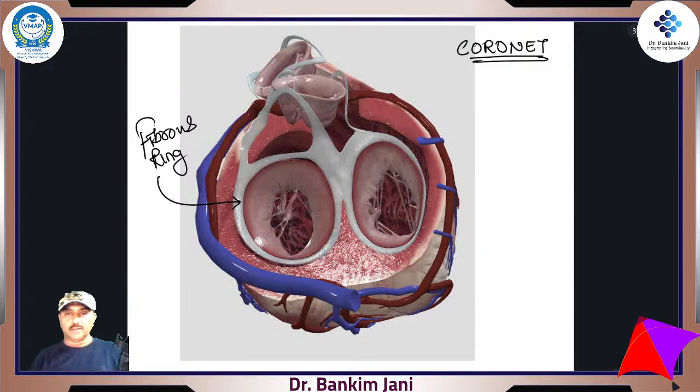There is one fibrous ring for the mitral valve, and there is another fibrous ring for the tricuspid valve. So this fibrous ring is for the mitral valve, and this fibrous ring is for the tricuspid.